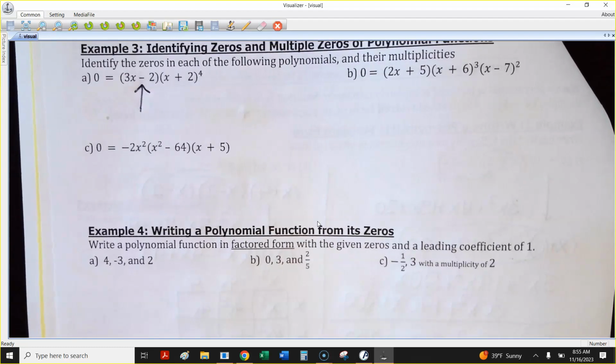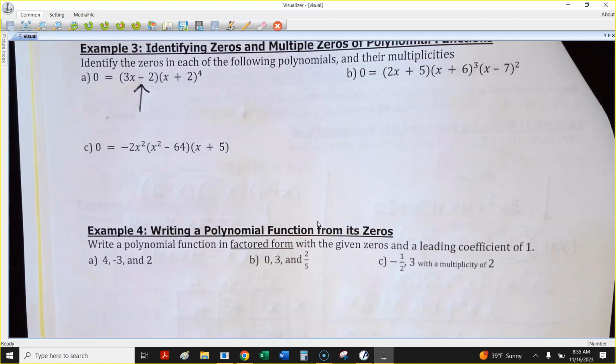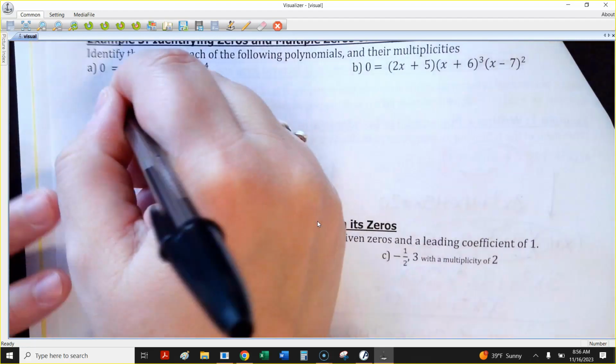What would you plug into 3x minus 2 to make that 0? It's a fraction. What do we think? If I set that equal to 0, right? 2/3, that's it. Done. That's one of your answers.